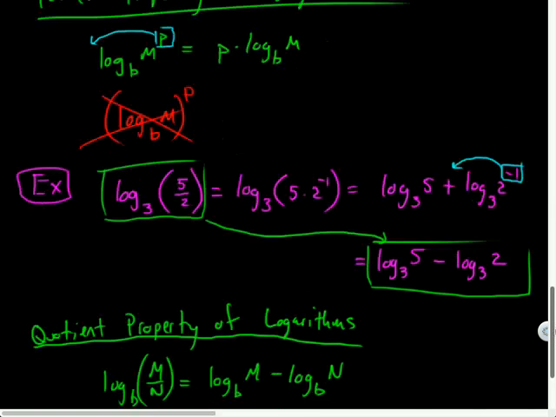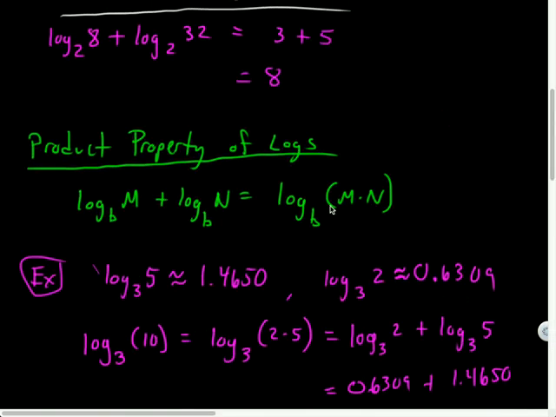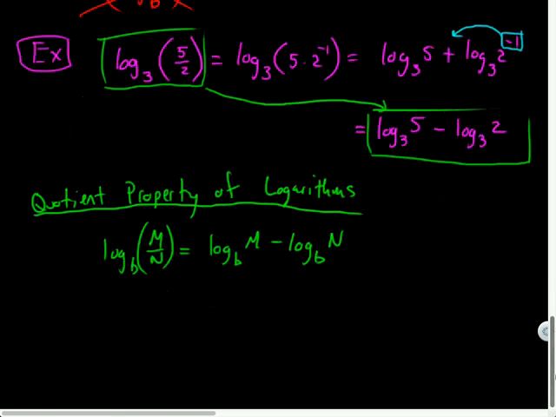So notice the similarity. Properties of exponents: if I multiplied two things of the same base, I added the exponents, and when I divided two things of the same base, I subtracted the exponents. So logarithms have similarities to some of our properties of exponents, is all I'm saying.